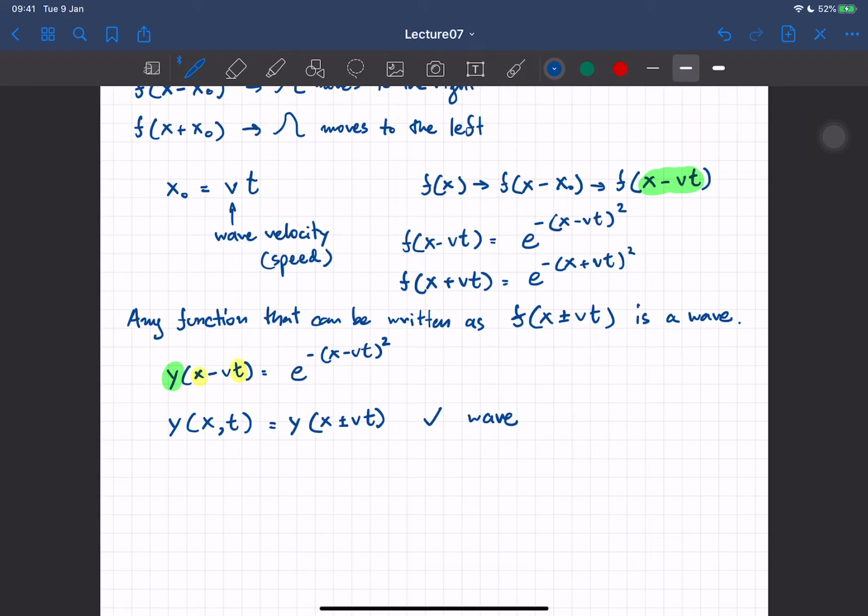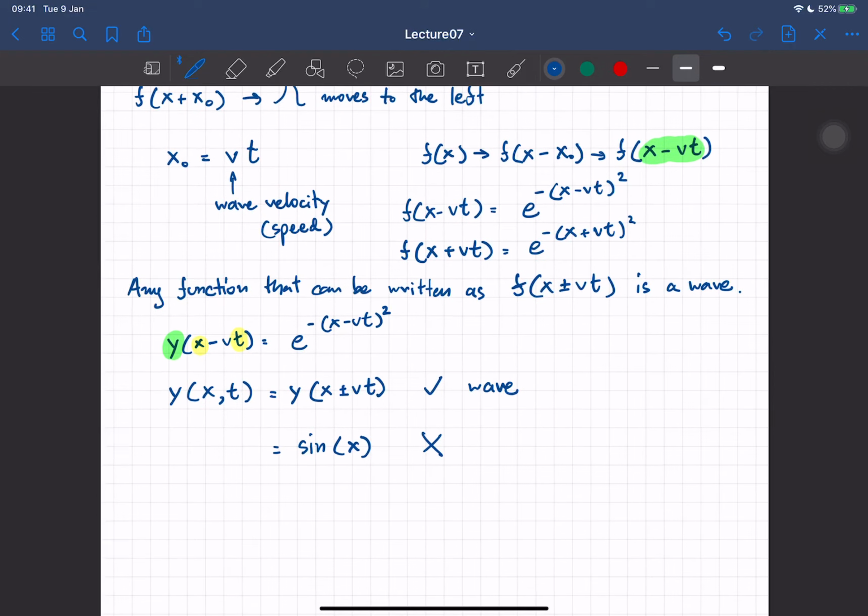For example, if you just say y equal to sine of x alone, this is not a wave, because where's time? Time is not appearing in the function. So this is not a wave. Or you can say y equal to sine of, for example, omega t, which is the motion of the simple harmonic oscillator that we talked about in the last lecture.